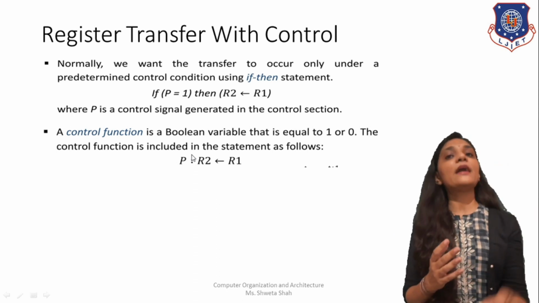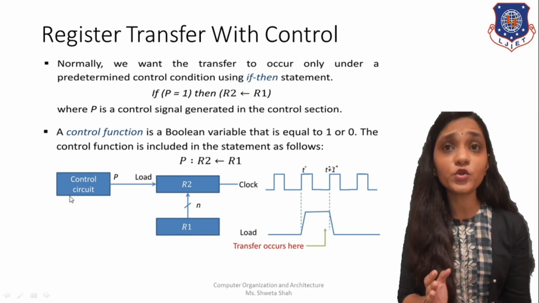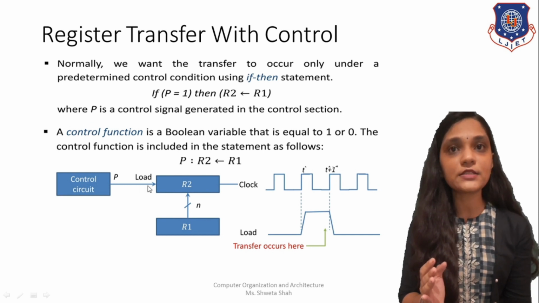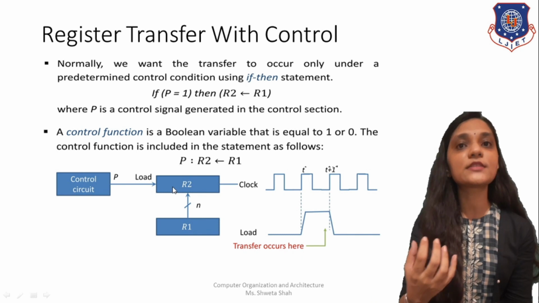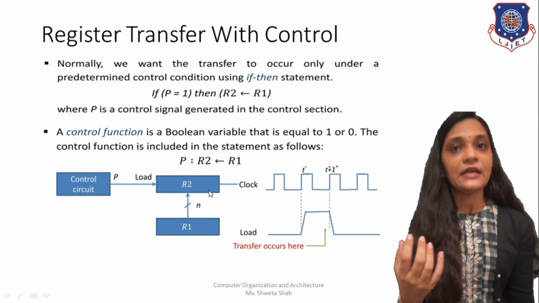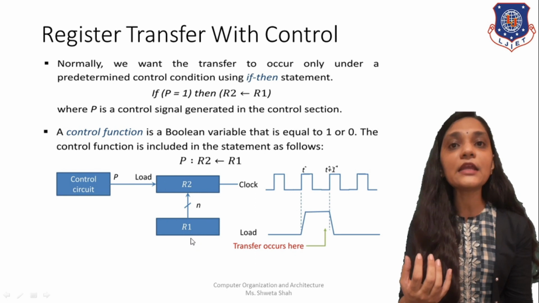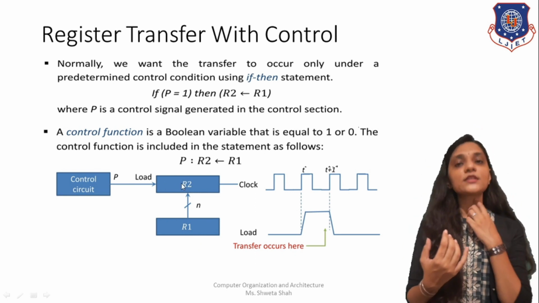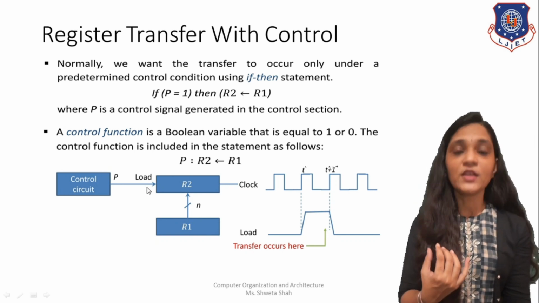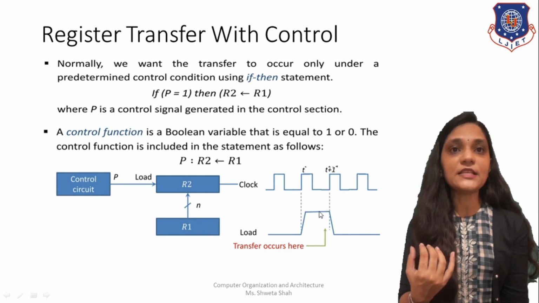And graphically, we can represent it like this. It is your control unit that generates your P signal, and that is used for controlling the loading of content into register R2. This connection of R1 and R2 is done, but the content of R1 is not transferred to register R2 unless and until P is 1.